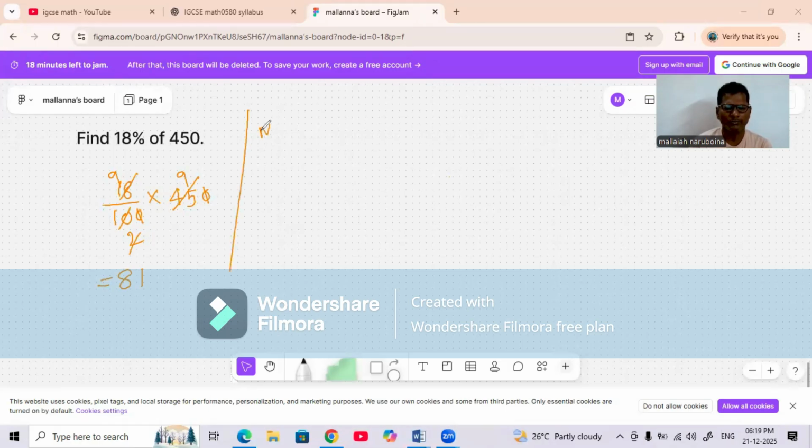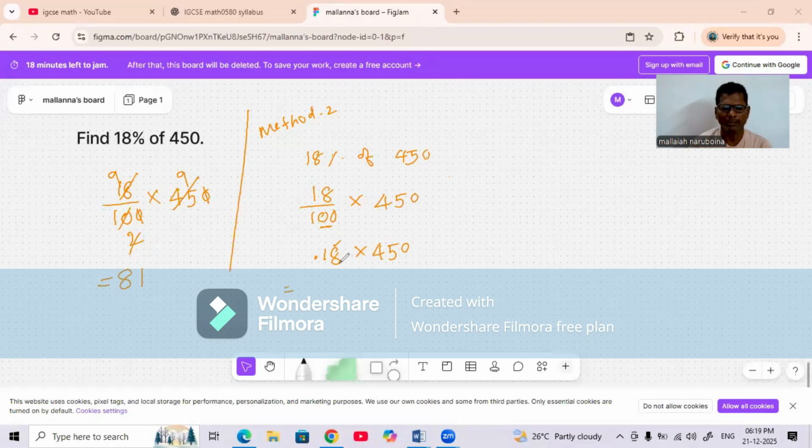Next, method 2. 18% of 450. Write 18 by 100. Of stands for into. Write 450. Write 18. 2 zeros in the denominator, so we have to put a decimal after 2 digits starting from right to left. 0.18 into 450.